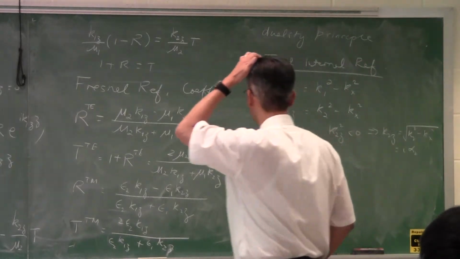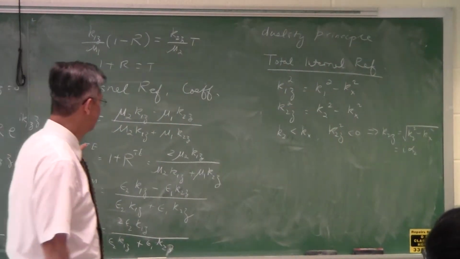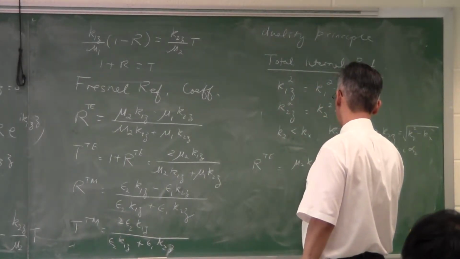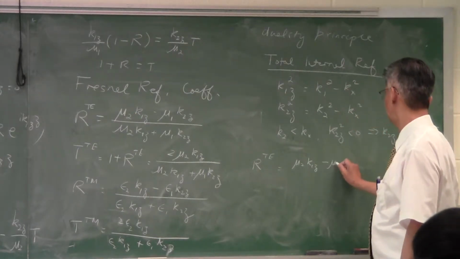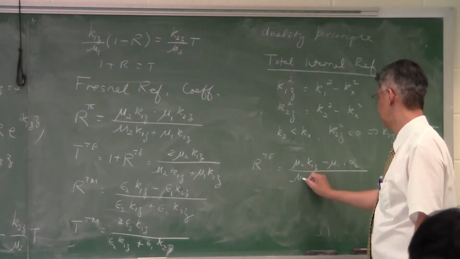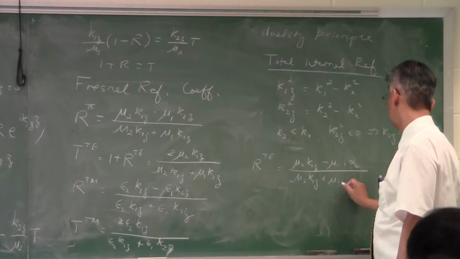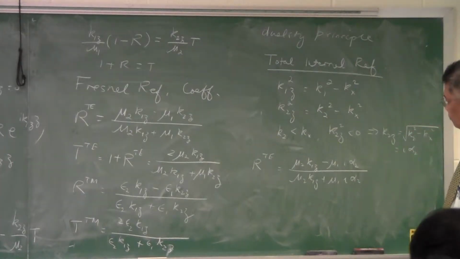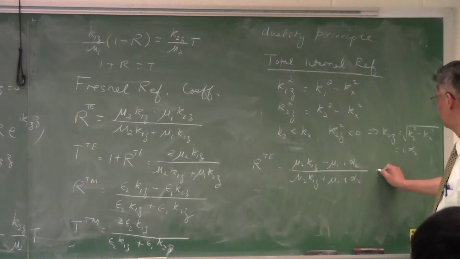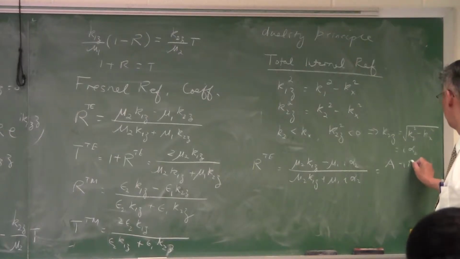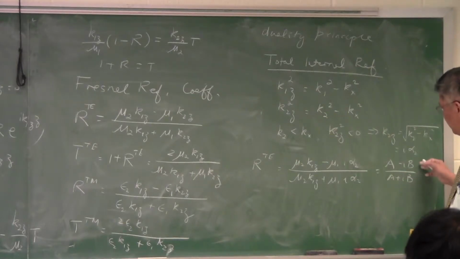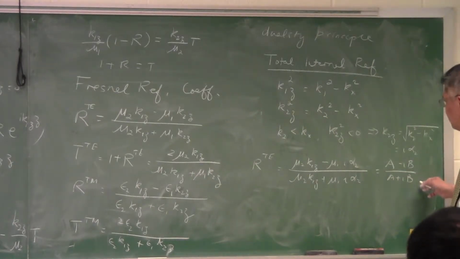If k2z becomes pure imaginary, then R_TE would be (mu2 k1z minus mu1 i alpha 2) divided by (mu2 k1z plus mu1 i alpha 2). Assuming everything else is real, this is of the form (A minus iB) over (A plus iB), which means that the numerator and the denominator are complex conjugates of each other.